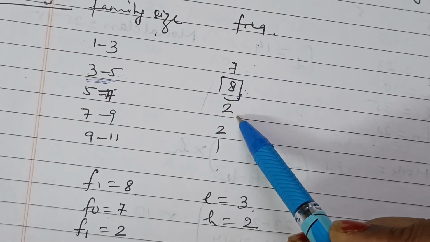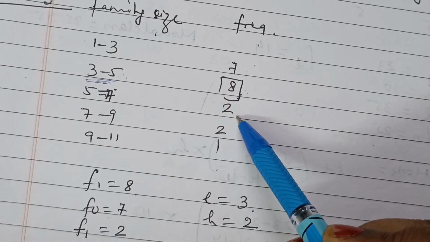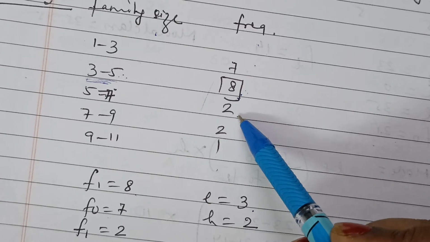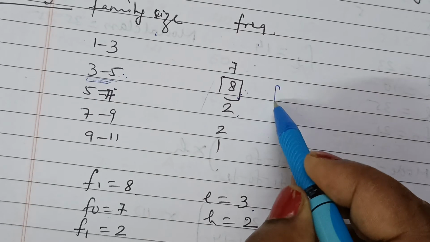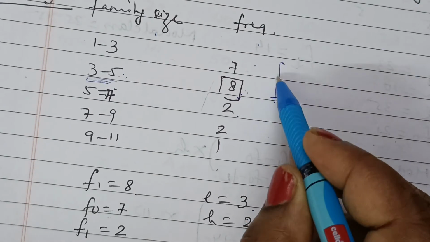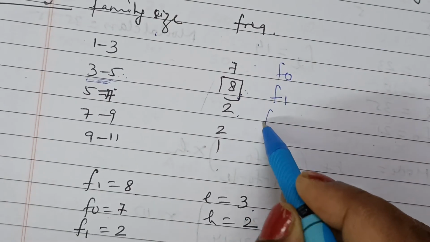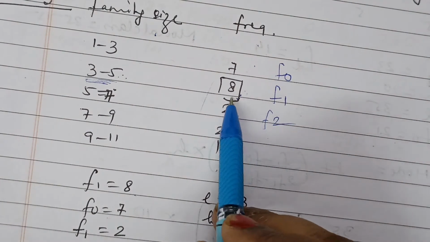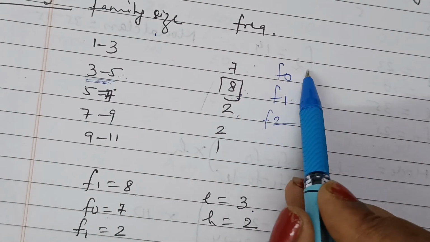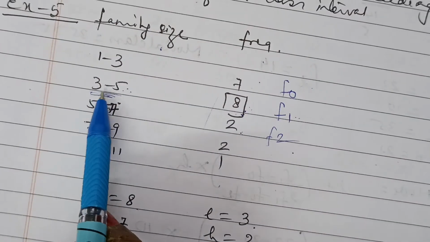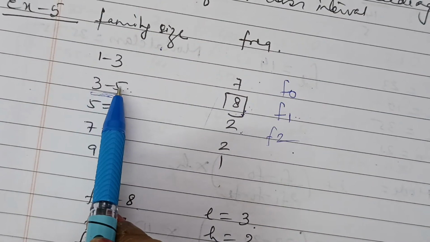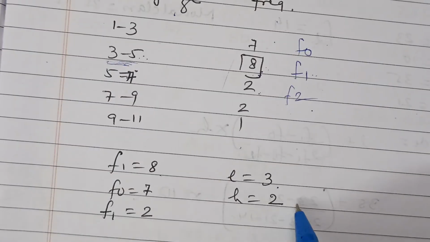Sorry, f2 is the succeeding class, that is equal to 2. Whichever is the modal class, that is f1, the one before it is f0, and the one after it is f2. And what is the class size? 3 to 5, 5 minus 3 is 2. So h is equal to 2.